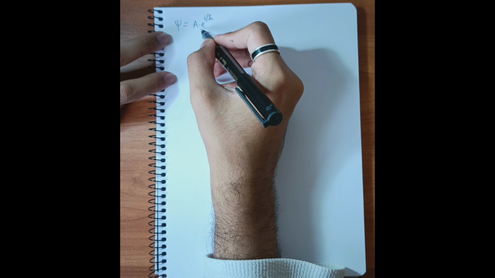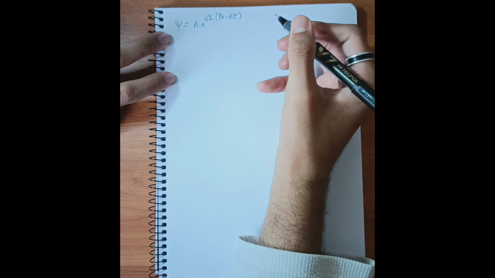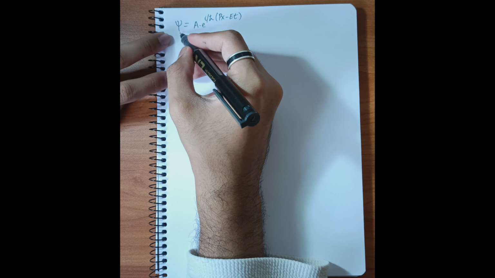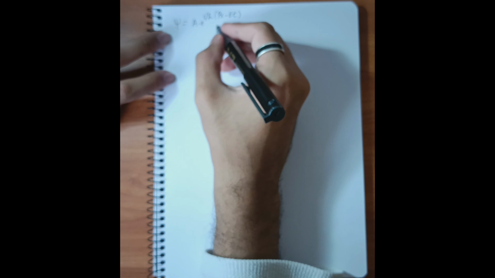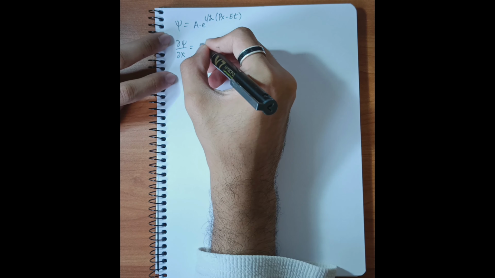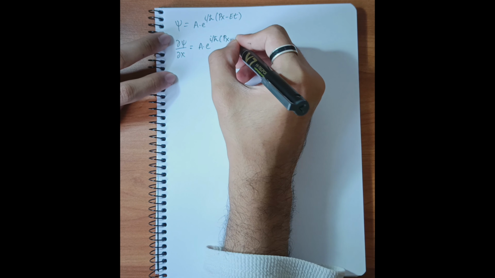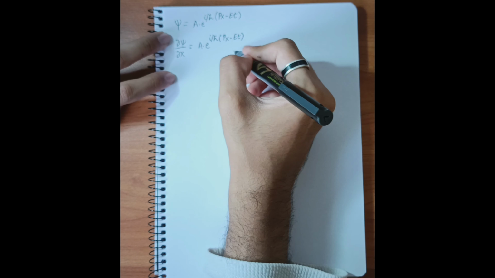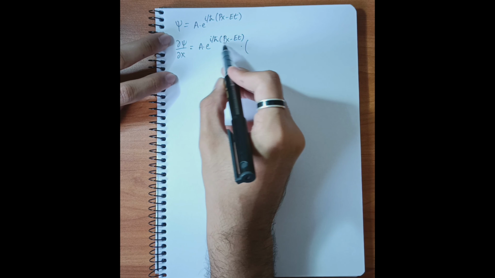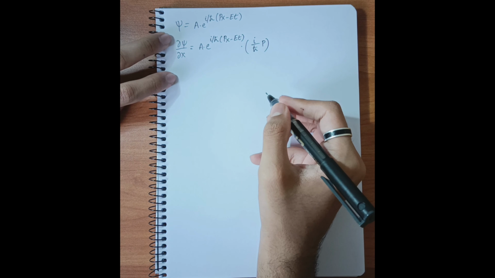Now let's get back to the equation, that is psi equals A times e to the i over h bar times (px minus Et). Now let us perform a partial derivative of psi with respect to x, which gives us del psi over del x equals A times e to the i over h bar times (px minus Et), because this is exponential, and the derivative of this term, that is i over h bar times px, gives us i over h bar times p.